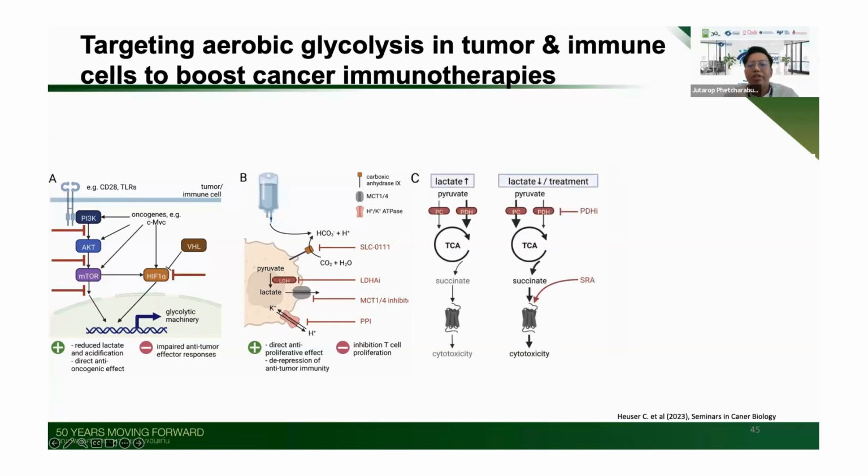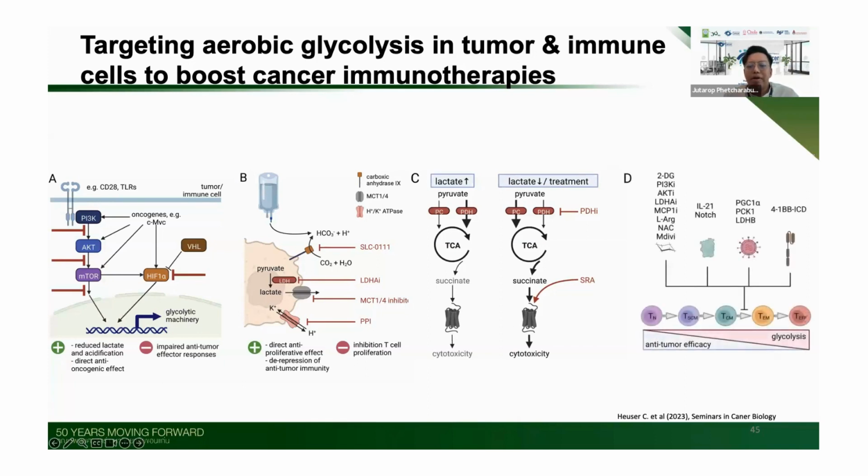And figure C here shows the reversing of lactate-induced rerouting of pyruvate into the TCA. Lactate reduces pyruvate anaplerosis via the pyruvate carboxylase, or PC, and autocrine succinate signaling. So inhibiting pyruvate dehydrogenase restores the PC activity, succinate secretion, and signaling, as well as CD8+ T cell cytotoxicity as well.